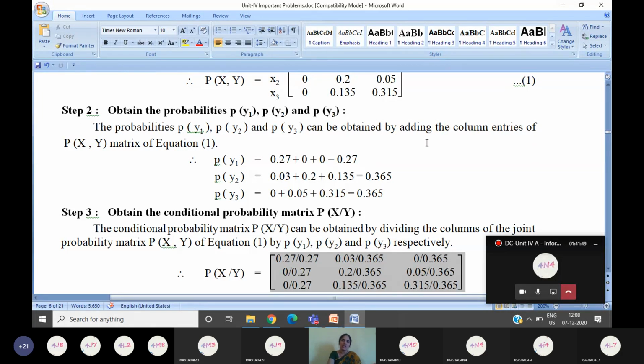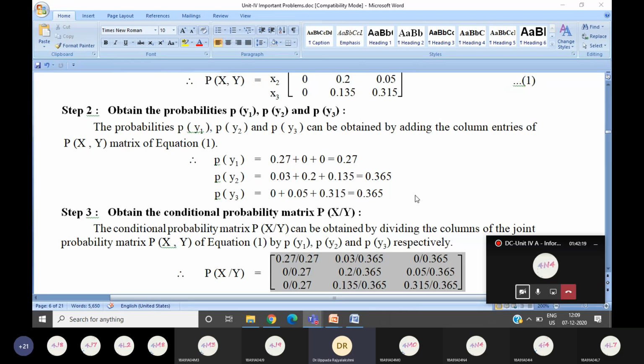P of x లో కూడా if you take P of x1 plus P of x2 plus P of x3, sum should be equal to 1. సో అలానే ఇక్కడ P of y చెక్ చేసుకుంటే sum of all the elements of P of y should be equal to 1. ఓకే, సో మీకు ఇక్కడ elements of P of y ఫస్ట్ ఎలిమెంట్ ఏంటమ్మా 0.27 plus 0.365 plus 0.365, that is 1. Okay, so this is how you need to cross verify your answers.